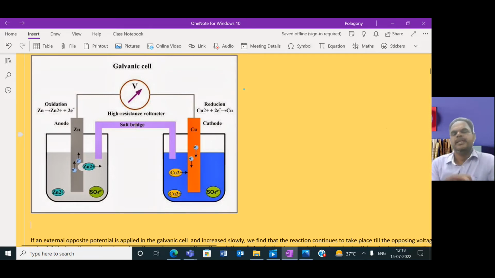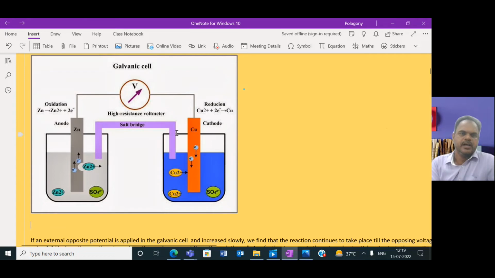The main important function of the salt bridge is to maintain electrical neutrality, and it allows the permeability of the ions. Whenever the zinc ions number increases or the cupric ions number decreases, the salt bridge will furnish cations and anions to balance the number of ions.